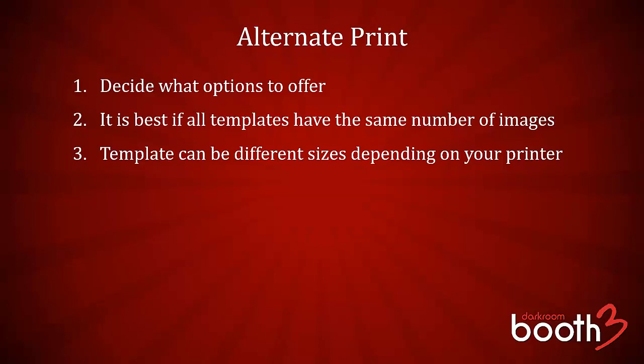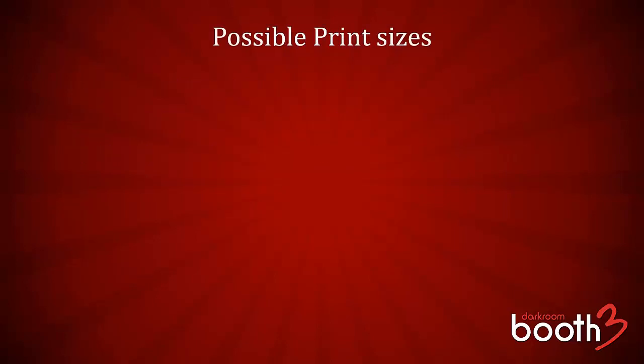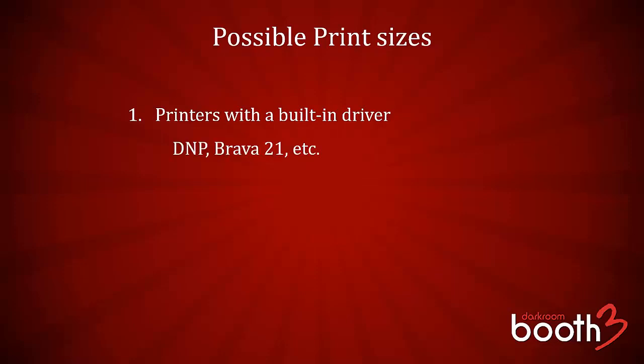And while we're on that topic, I'm going to switch over to a different section of the PowerPoint and talk about what you can do with any particular printer. With printers that we have a built-in driver for, that would be things like DNP, Bravo 21, etc., you can use whatever size up to the capabilities of that printer.